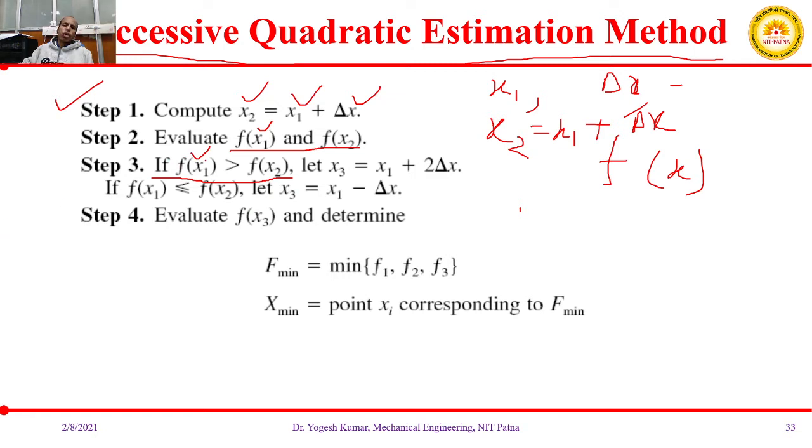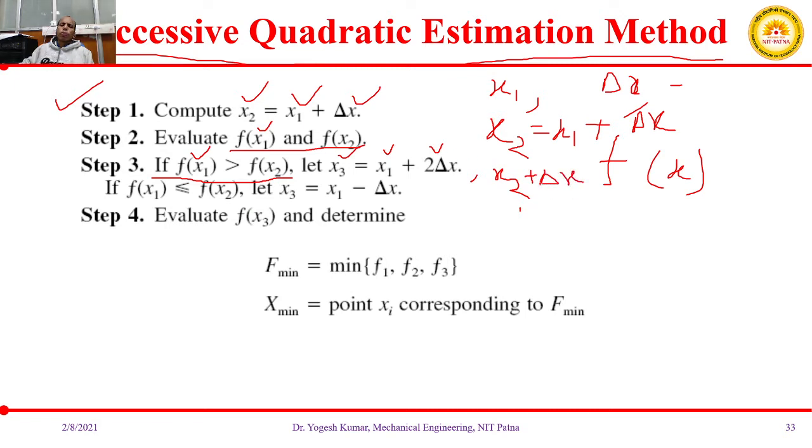So if f(x1) is greater than f(x2), then we compute the third point, which is given by x3 equal to x1 plus 2 delta x, or you can write it as x2 plus delta x.